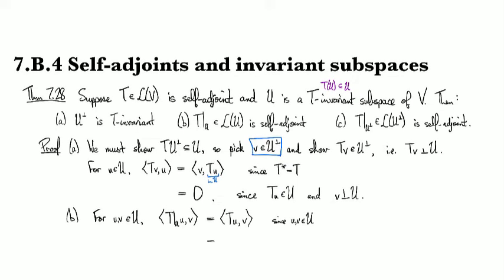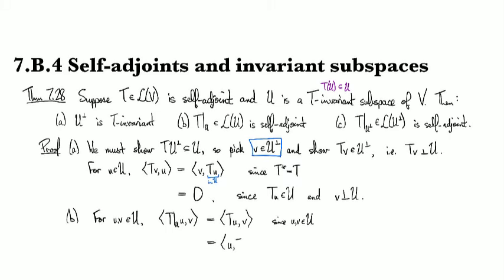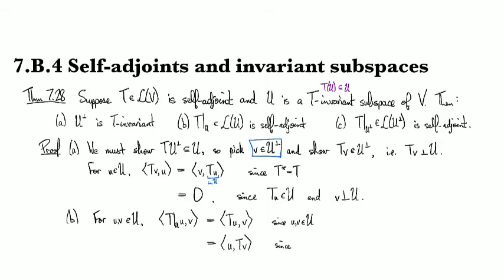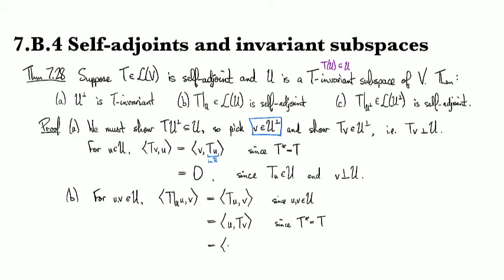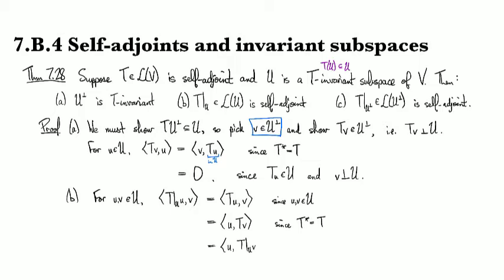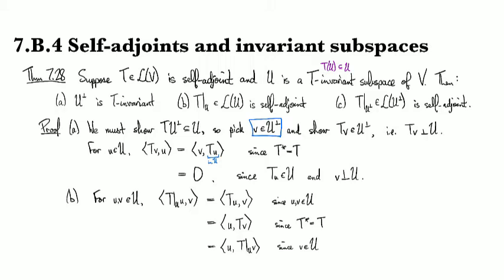And then we've got that T is a self-adjoint operator, so I can move it to the other side and I don't even have to pay for it with a star. And then once again, just as in the first step, I can replace T with the restriction of T to U because we're on the subspace U. I'm going to edit the comments briefly here.